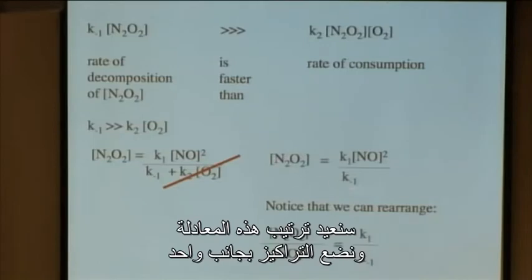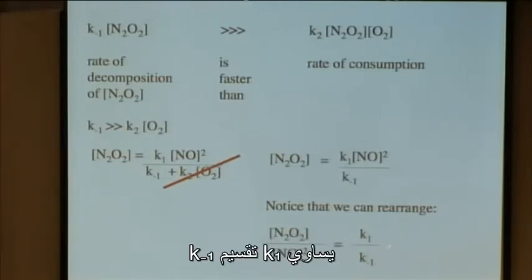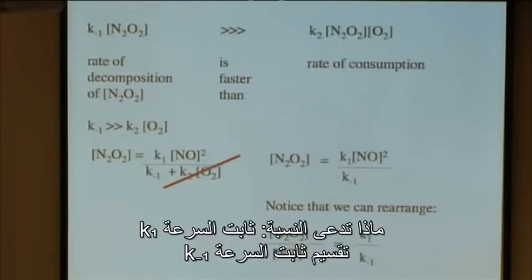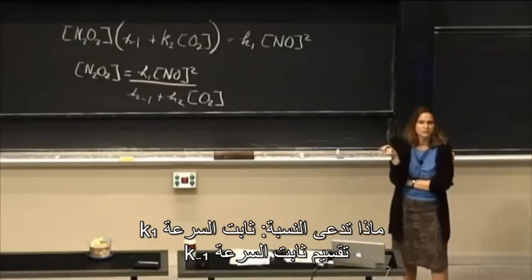We can also rearrange that and bring our concentration terms on one side. So we have our intermediate over our NO squared, and that is going to be equal to k1 over k minus 1. What is little rate constant k1 over rate constant k minus 1?